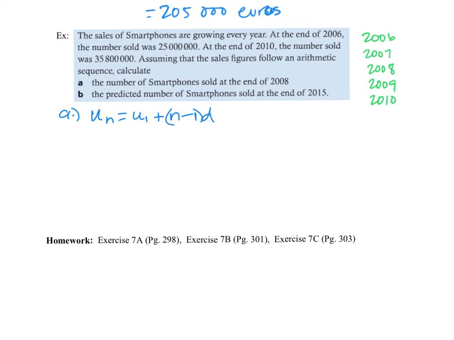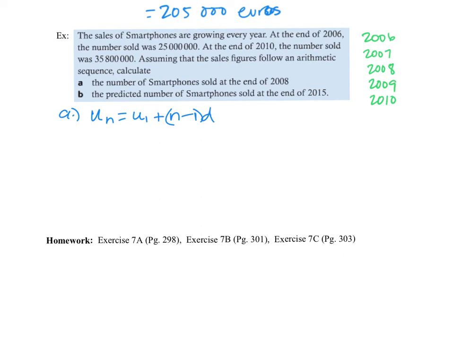So what we know here, we're given this 25 million, that's the first term, and this 35,800,000, that's the fifth term. So as we look at this formula, we know what n is, it's 5. We know the first term and we know the last term. What we don't know is the common difference. So let's write an equation and solve to find that common difference.